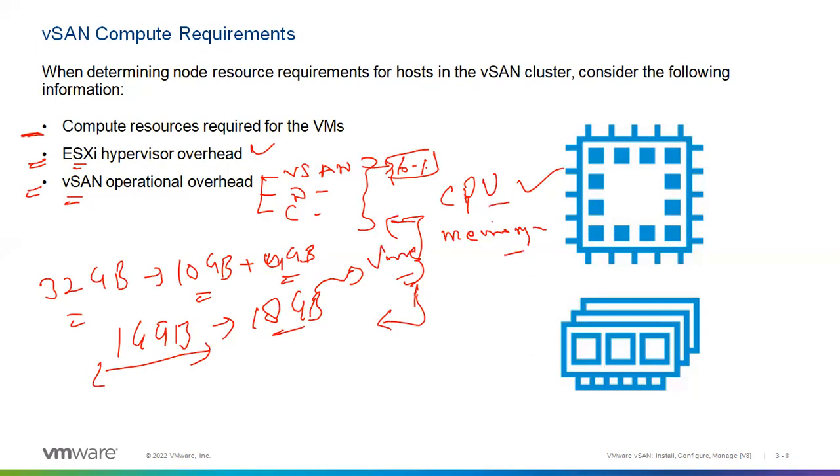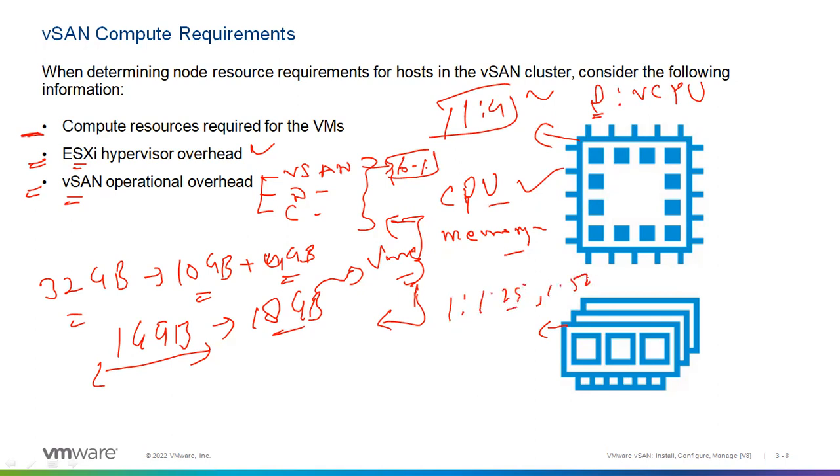It's a simple example. If I take one core, on top of one core you can easily take a ratio of 1:4 and operate. When I say 1:4, it is pCPU to vCPU, correct? But in memory, typically we take a ratio of actual memory to 1.25 or maximum 1.50.